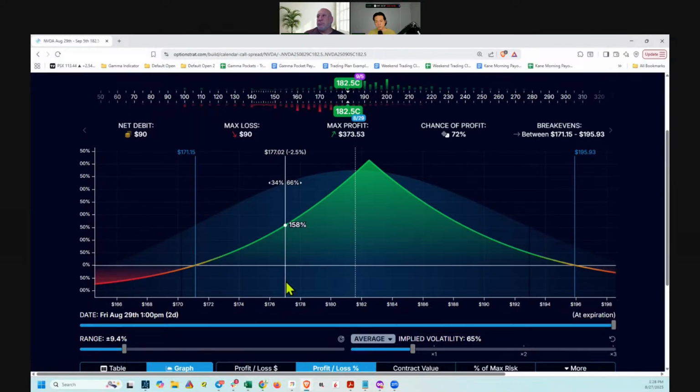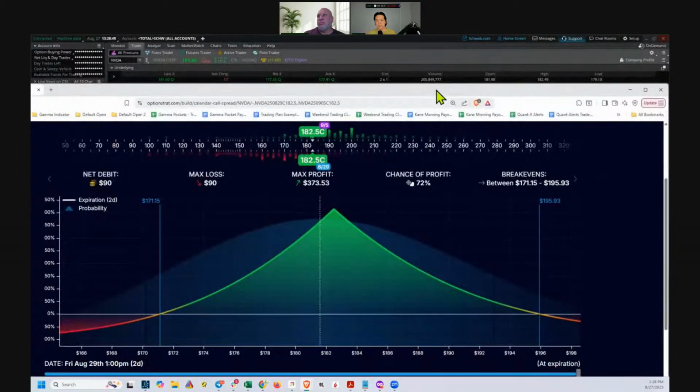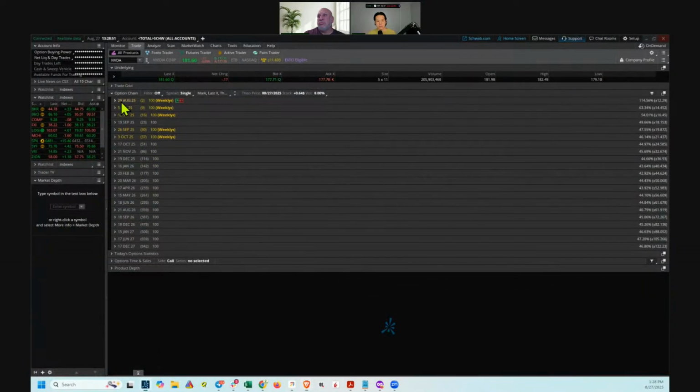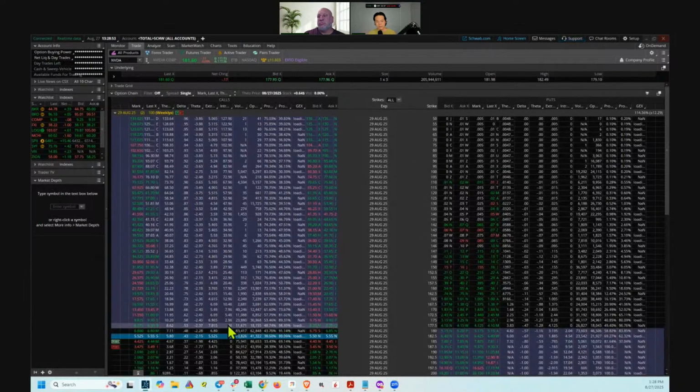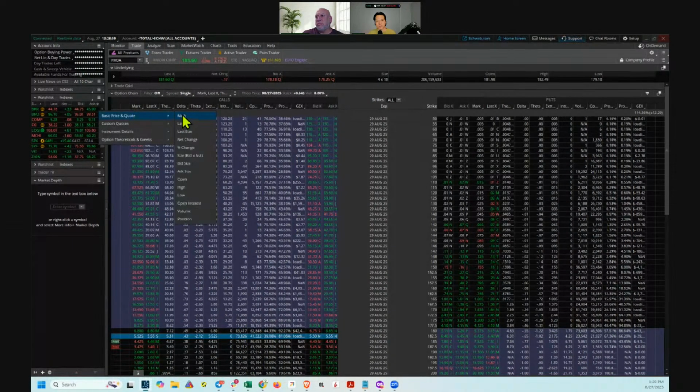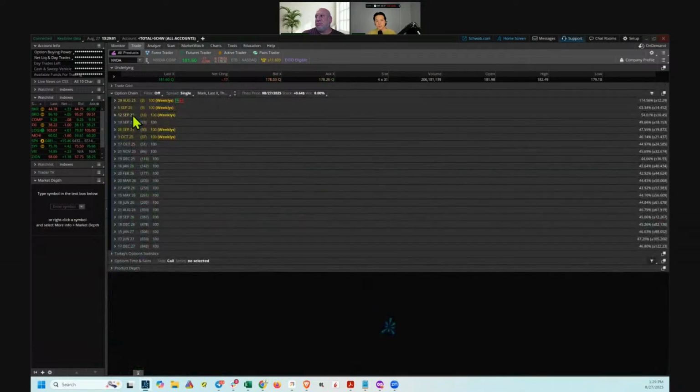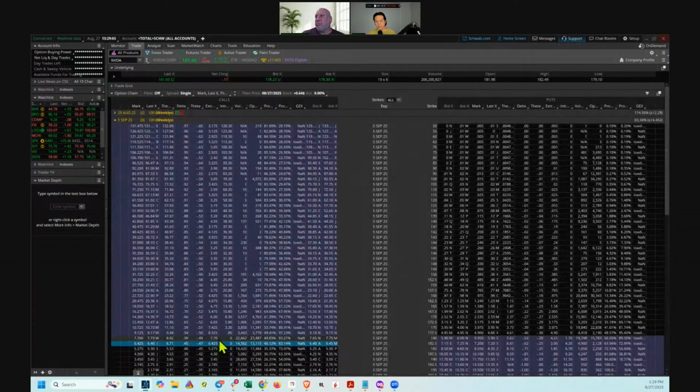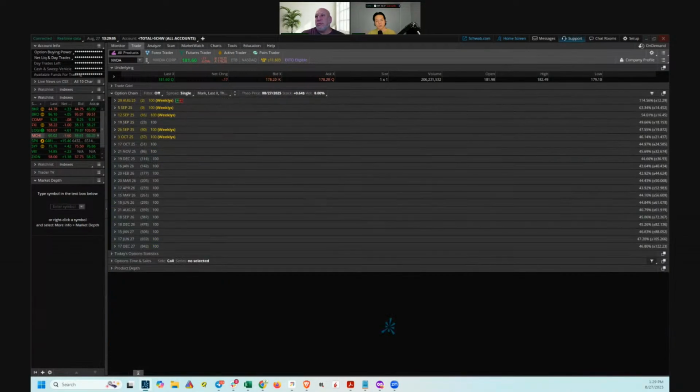Which is really good. And my reward-risk ratio is really, really high. And again, the reason for this is simply because I sold something really expensive, and I know exactly how to measure how expensive it is versus something that was cheap or normally priced 1 week away. Okay, so that's how we take advantage of that.